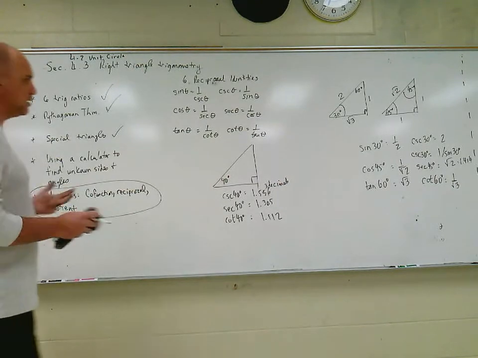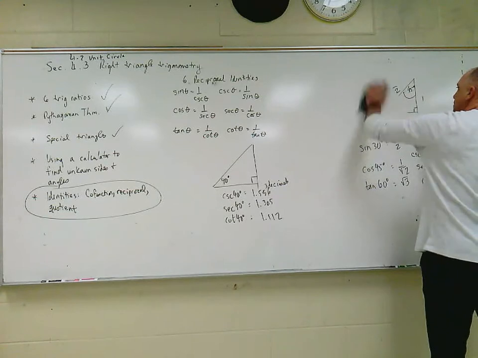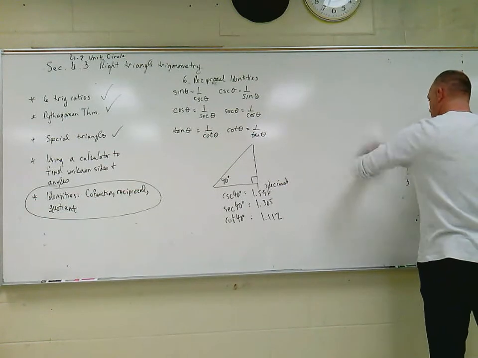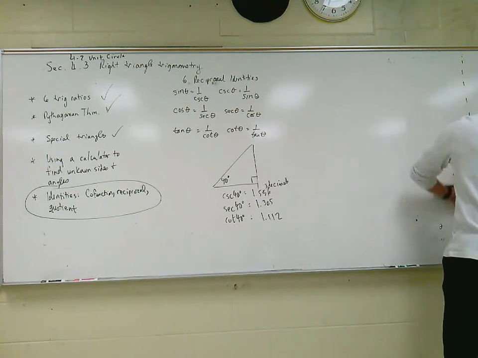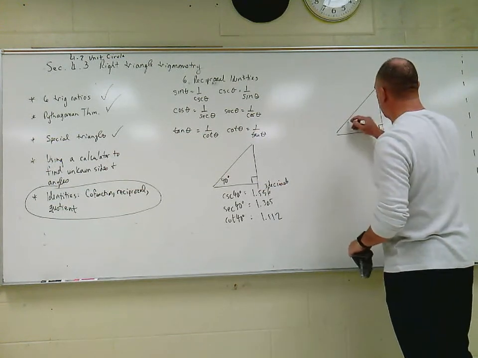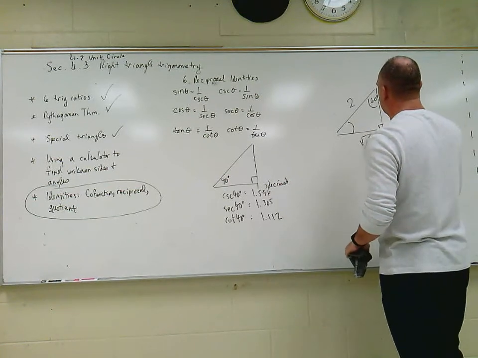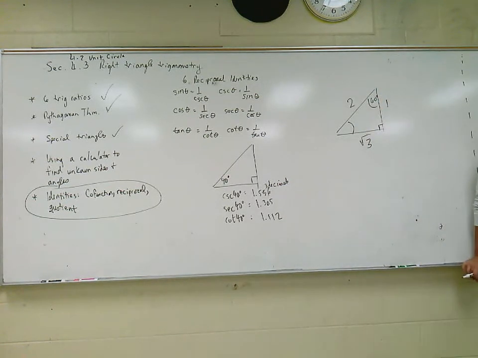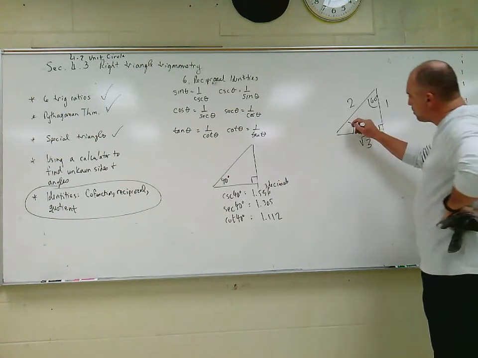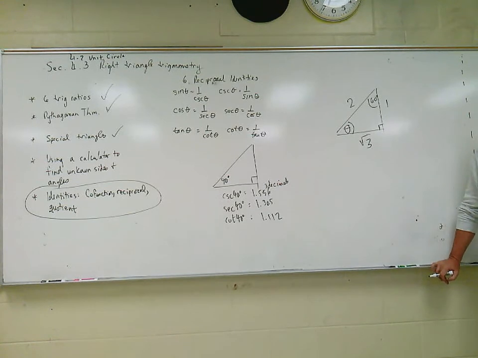Well, let's look at a couple of things. Is this still a 30, 60, 90 triangle? Yes, okay. But I'm going to pretend that we don't know this angle, and that's what that button does.